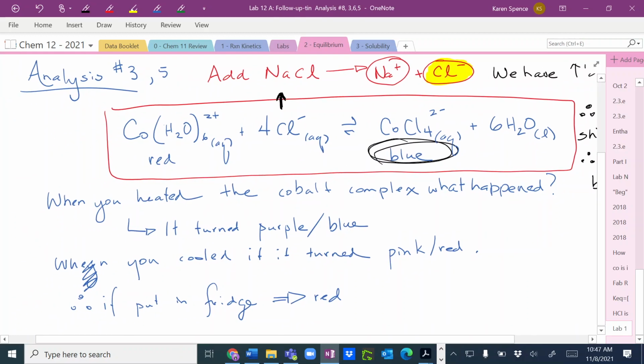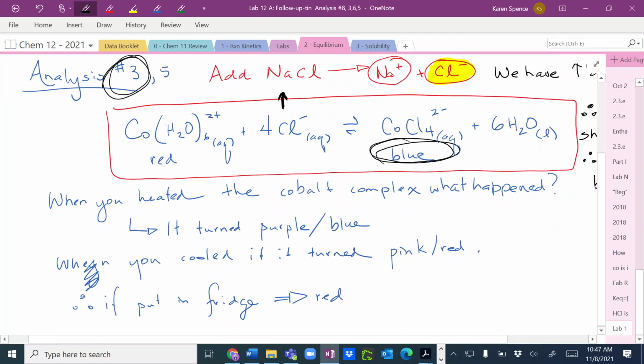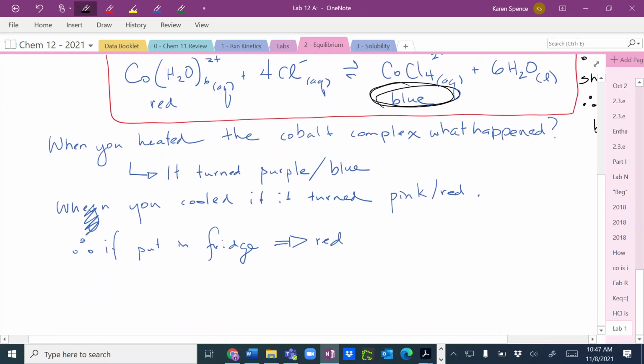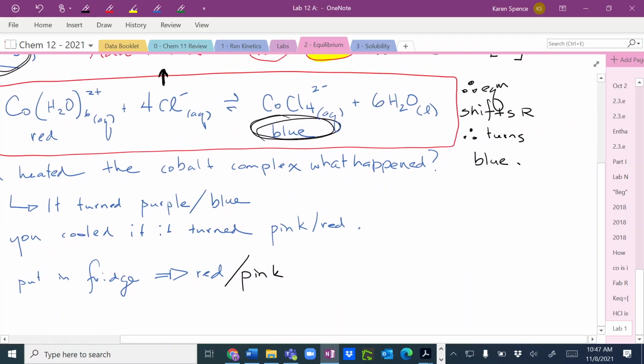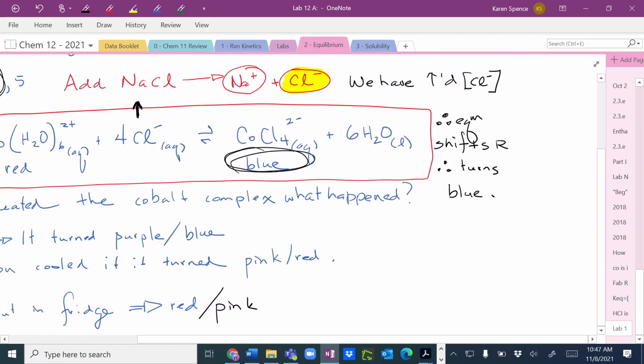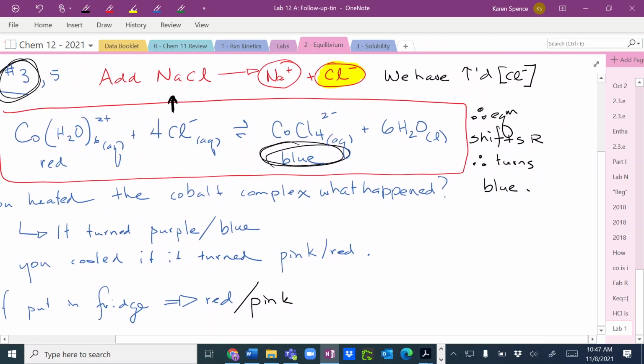So for analysis number 3, it turned red or pink, but now we're on analysis number 5. I'm just using the same equation here. So if we add the sodium chloride, then we increase the concentration of chloride, it shifts to the right and it turns blue or purple. You could say either.